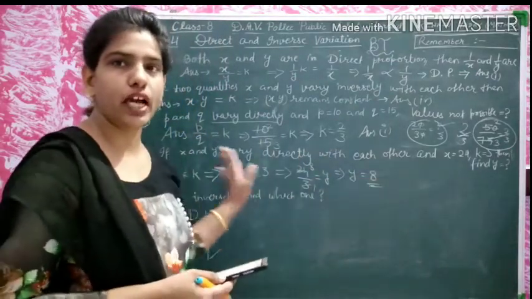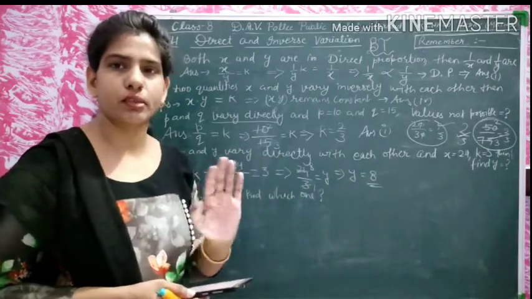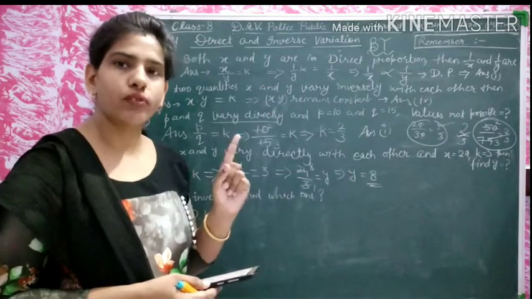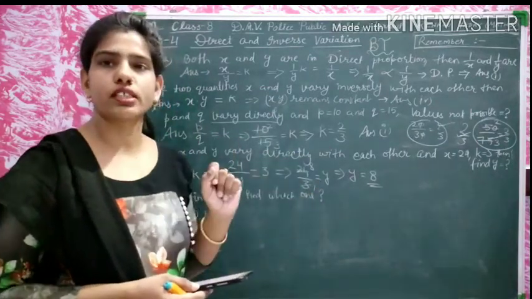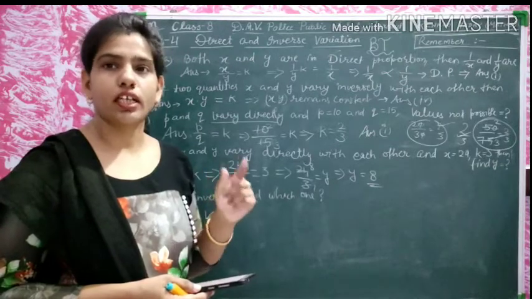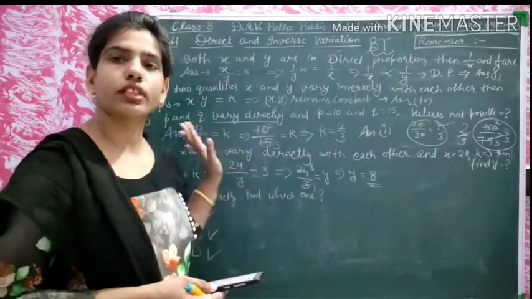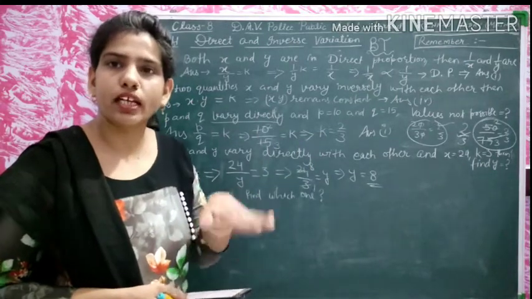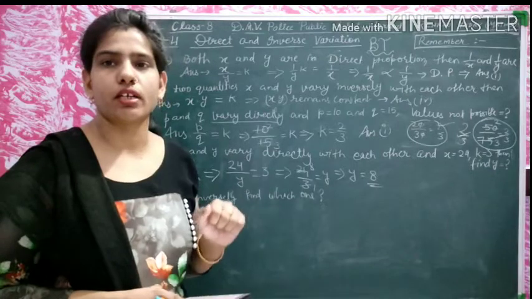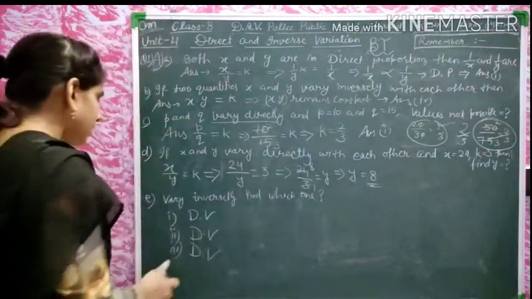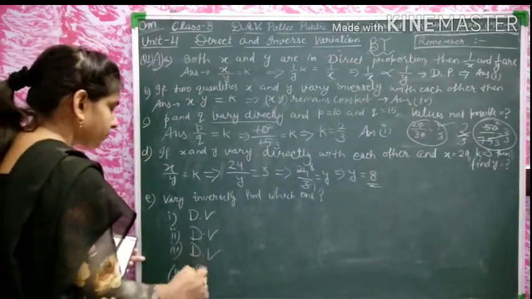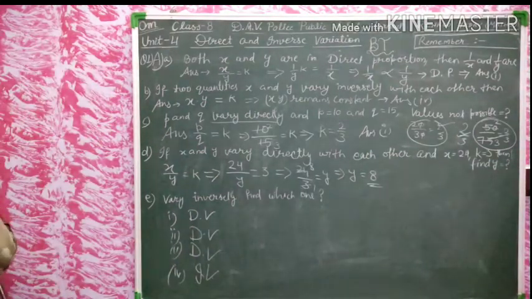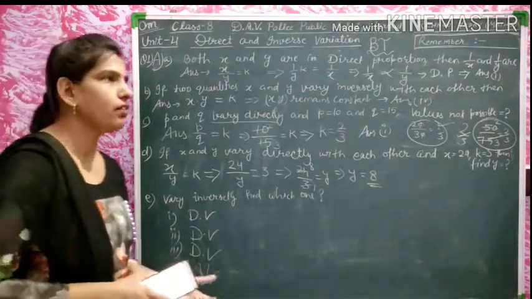However many workers there are, they have to complete this work. If one worker is doing this, then he will take more time. If there are 10 workers, this can be easily done by them. It means they take less time here. It means there is the inverse variation. Is this clear students? There is inverse variation we have done here.